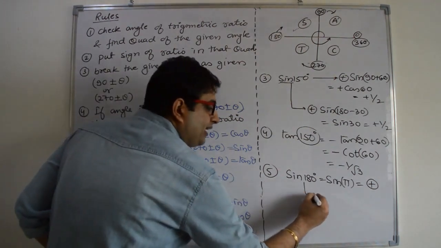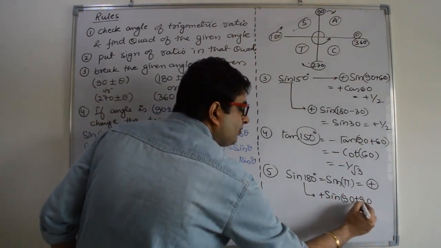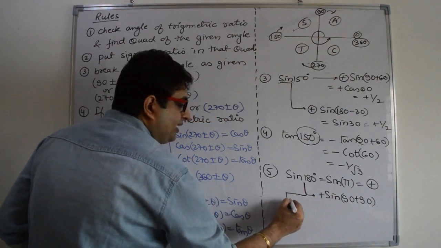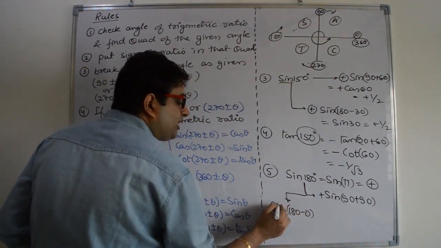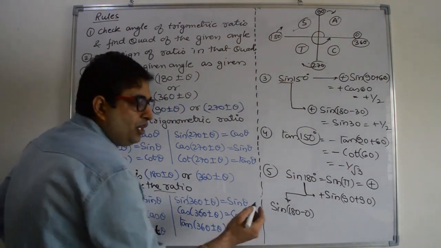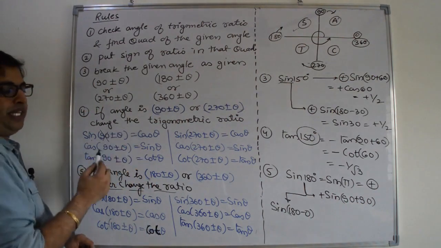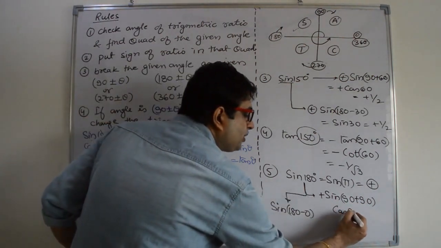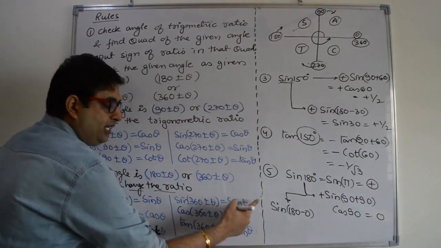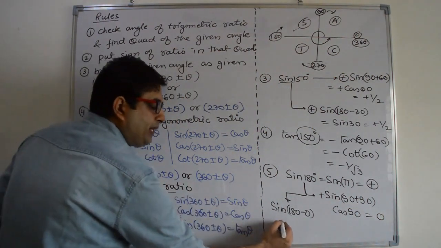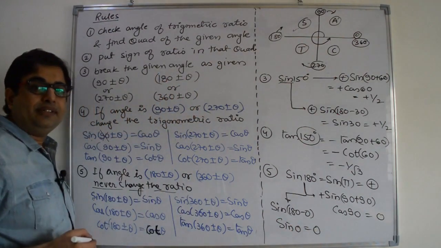You can write it like sine 90 plus 90, or you can write it sine 180 minus 0. Both are same 180 degree. So 90 plus 90, whenever we have 90, then we have to change the quantity. It becomes cos 90, and that is equal to 0. And here if we have 180, then quantity will remain same. Sine 0, again 0. Right?